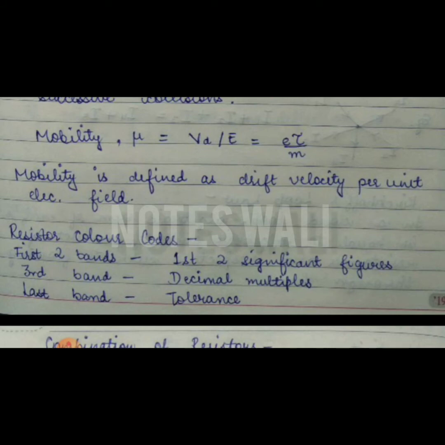Then the next is resistor color codes, which are 4 color bands, and from these 4 color bands we can find out the resistance of a particular resistor. The first 2 bands here represent the significant figures, the third band is the decimal multiplier, and the last band is tolerance.